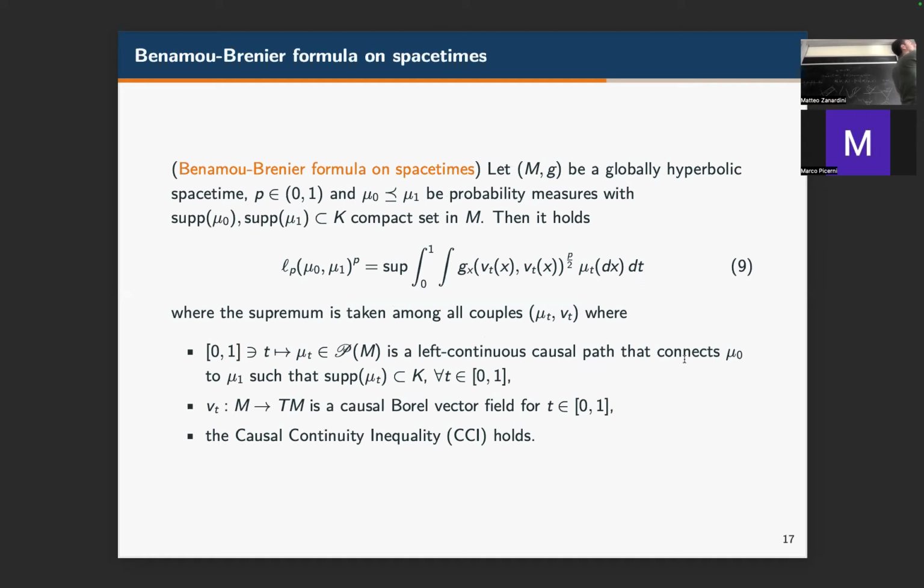You're just taking the supremum of some integral in time, where this should be the scalar product you put at the level of tangent space. This can be an application.